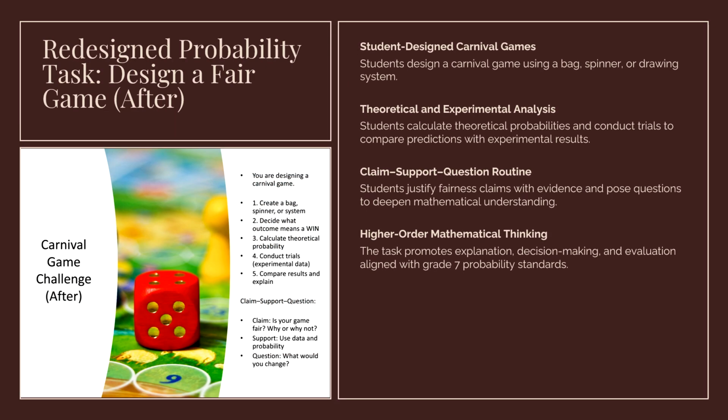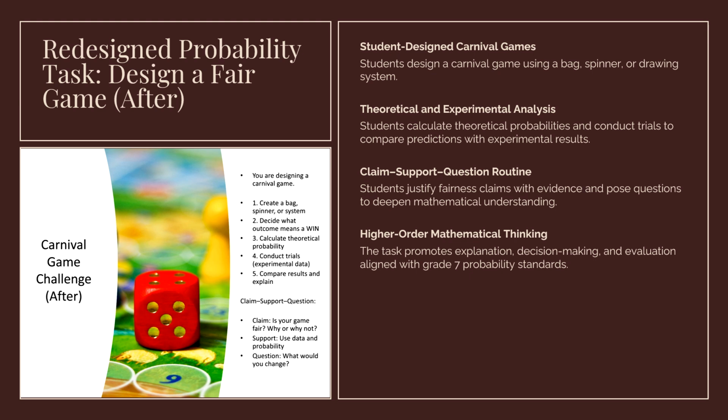Here it is. I redesigned this task into a carnival game challenge where students create their own probability-based game. Instead of following steps, students decide how the game works, what counts as winning, and how likely those outcomes are. They calculate theoretical probability, they run the trials to collect experimental data, and then compare the results. Students will use the Harvard Project Zero thinking routine, the claim support question, to determine whether the game is fair and then support their reasoning with evidence.